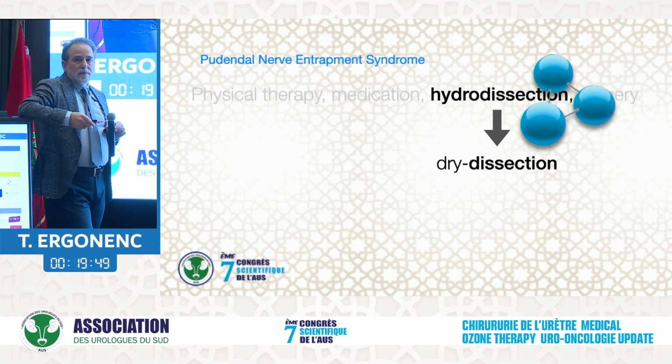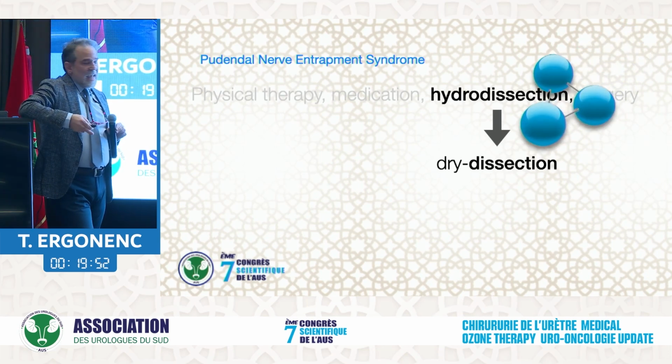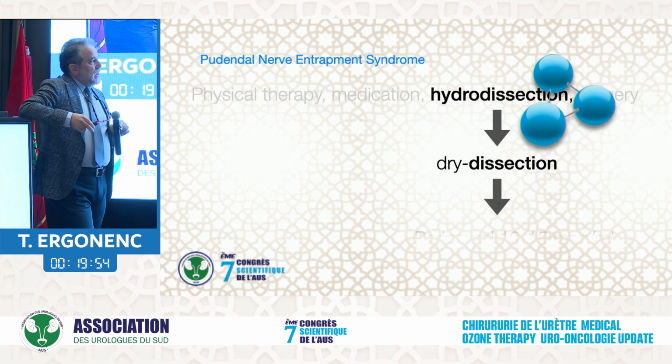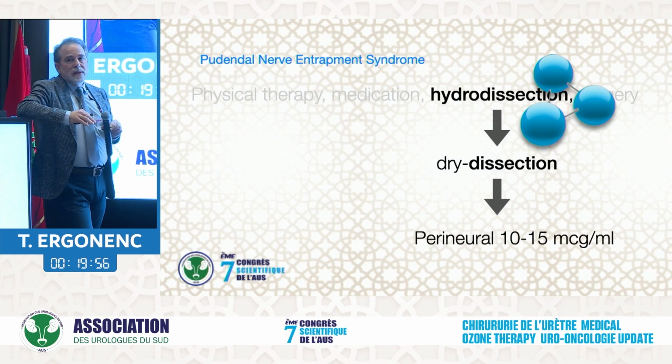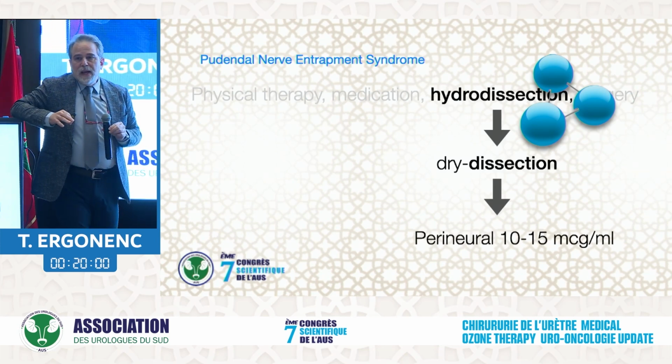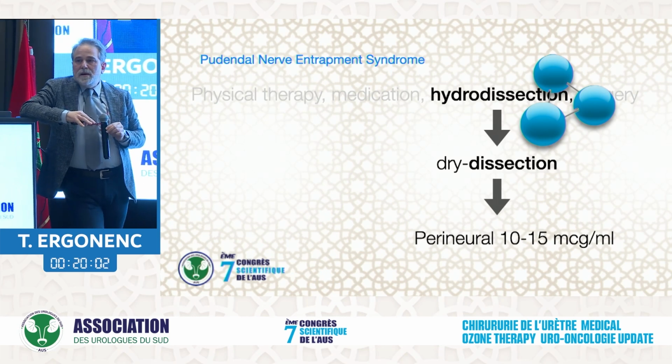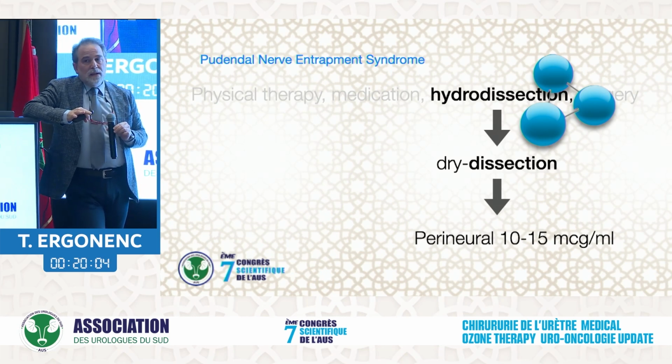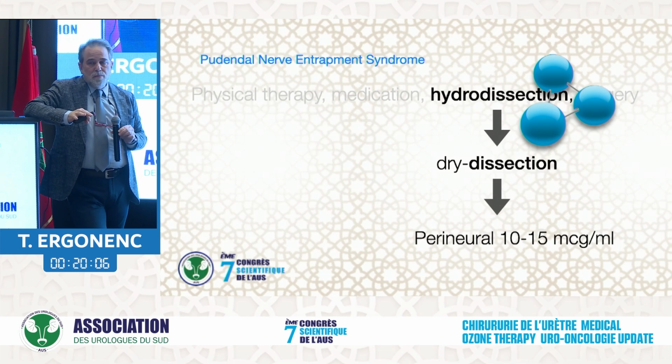Why do I call that? Because ozone is a gas. We just need a perineural ozone dissection, 10, not much more than 20. 10 is the best perineural injection concentration for the nerve.